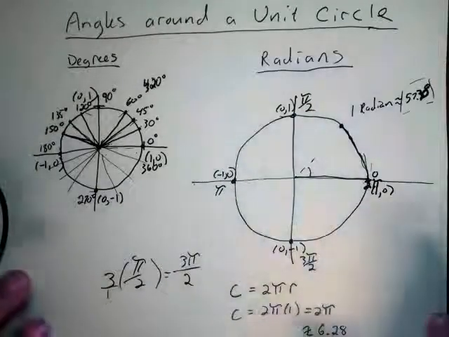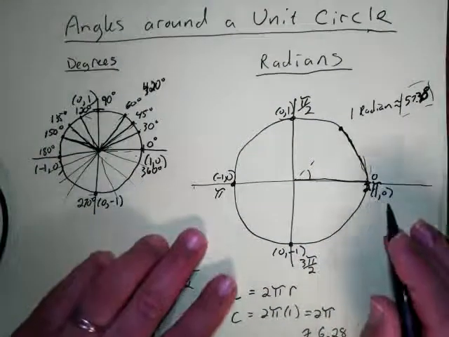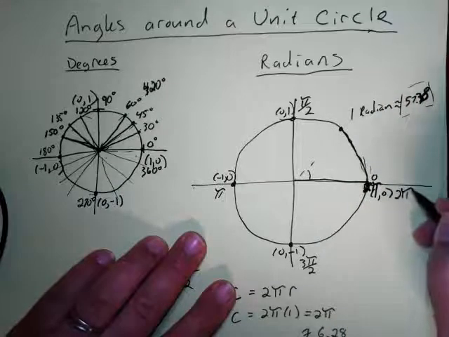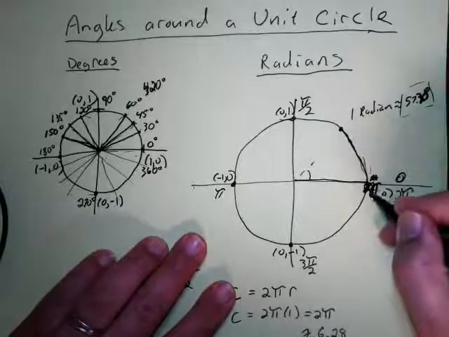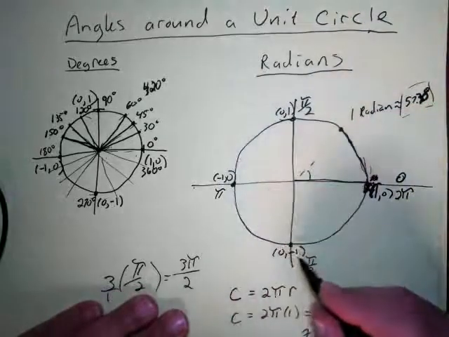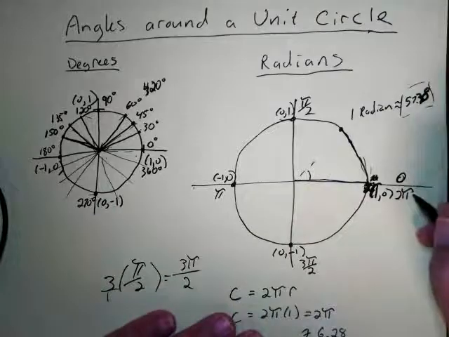So now, let me just show you that. This is really hard to look at, so let's just put 2 pi here. We'll say we got 0, pi over 2, pi, 3 pi over 2, and 2 pi. What I want to show you is these quadrants here.